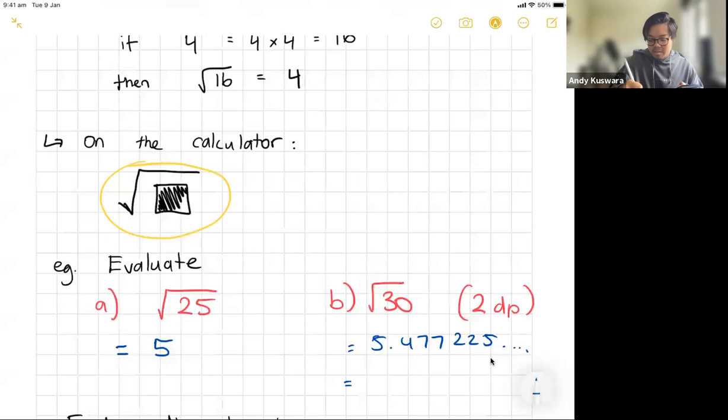To 2 decimal places, it's 5 point 4, and we round that 7 up to an 8, so it should be 5.48. Hopefully that is pretty straightforward.